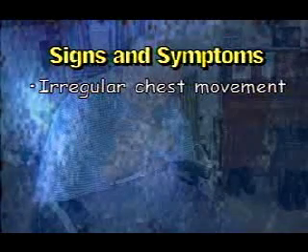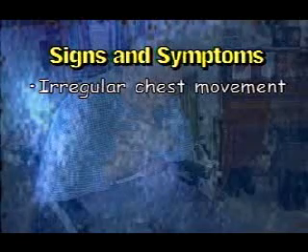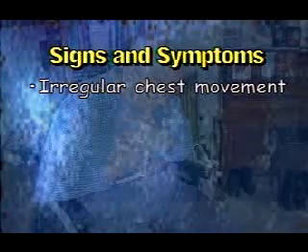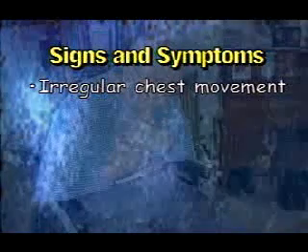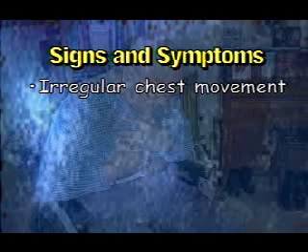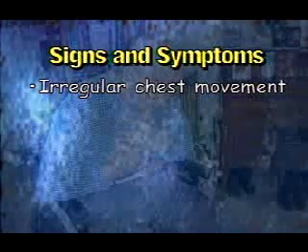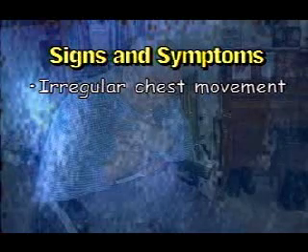Signs and symptoms of respiratory distress and failure include an irregular chest movement. That means that there can be fast followed by slow respiration. It might mean that there is an irregularity in symmetry. One side of the chest is moving when the other one may not be.